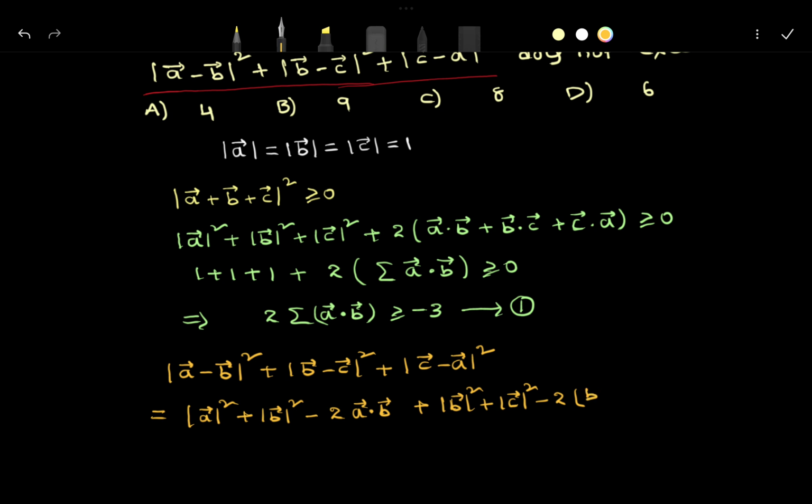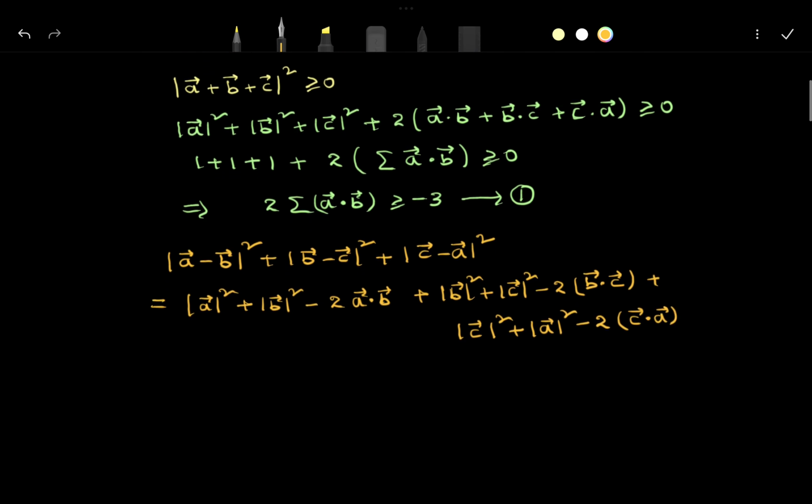Next, one more term is there, plus modulus of c bar whole square plus modulus of a bar whole square minus 2 into c bar dot a bar.